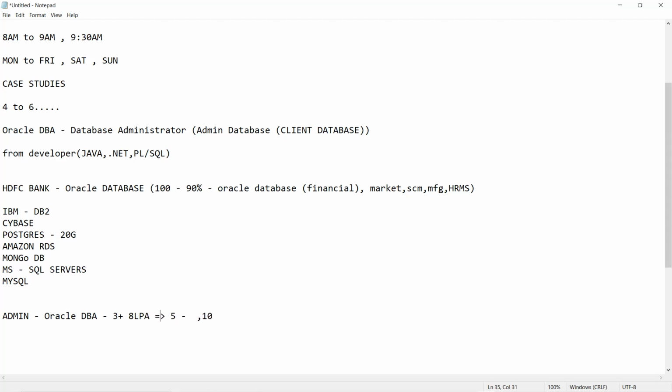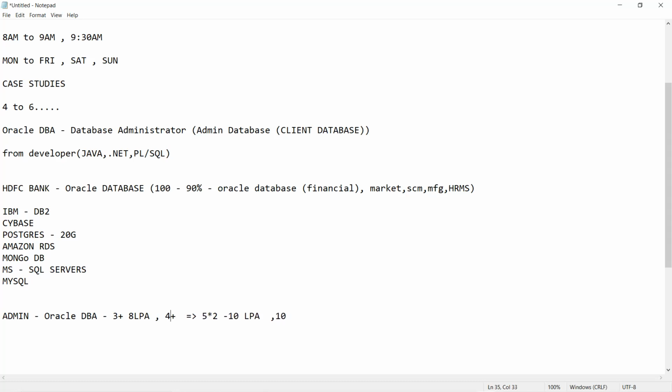Generally for 5 years of experience, the market value will be 5 into 2, so you should get 10 lakhs per annum. But when you joined an initial startup company with 3+ experience at 8 lakhs, with 4+ years you might get a hike or you might not get any hike.